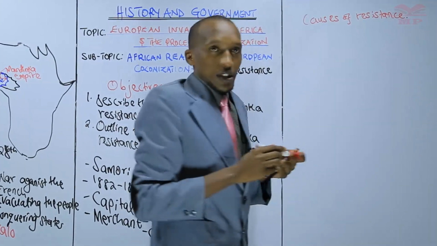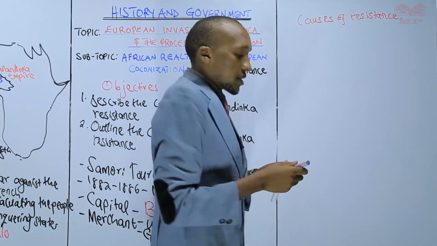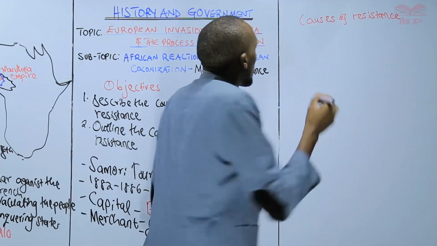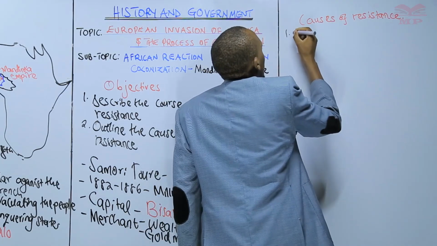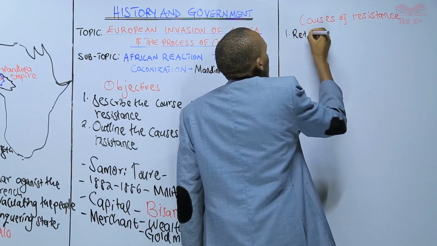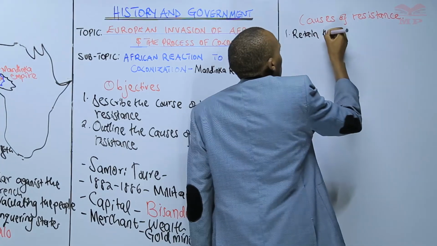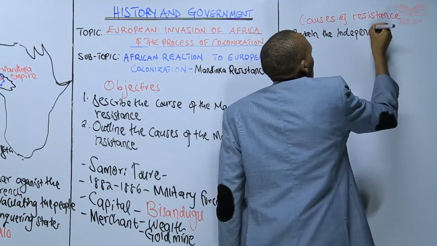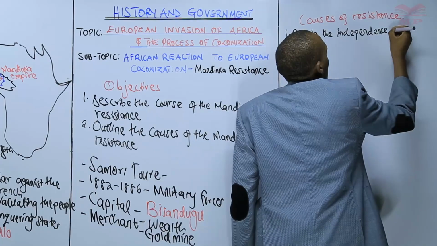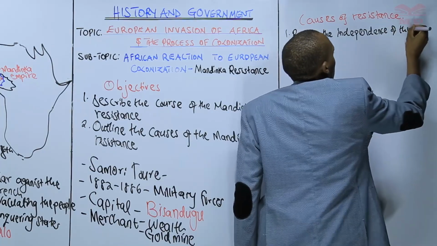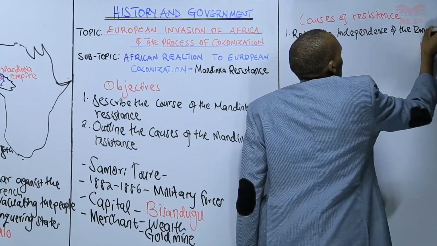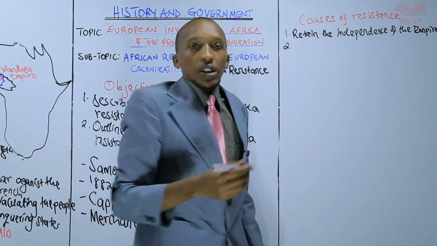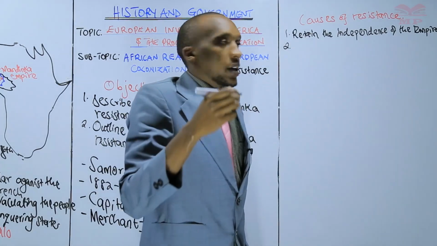Number one, the first thing that made Samori Ture to fight or resist was he wanted to retain the independence of the empire. That was the first reason. He wanted to regain or retain the independence of the empire.